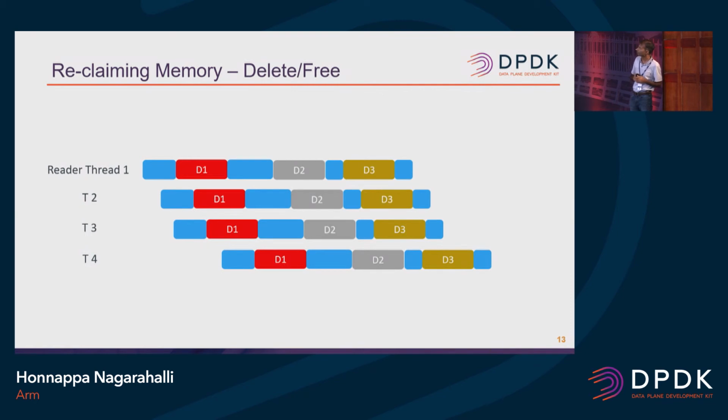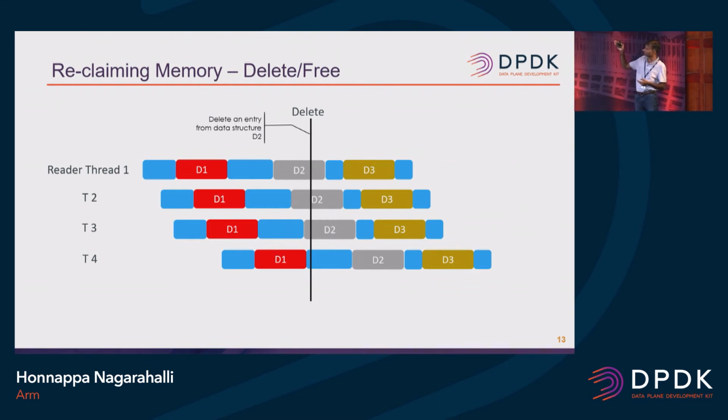So now coming to the delete and free. What do we need to do? At this point on the time scale, you delete the entry, but the threads are still having a reference to that entry in the D2 data structure. So we cannot free that entry or that memory at this point.